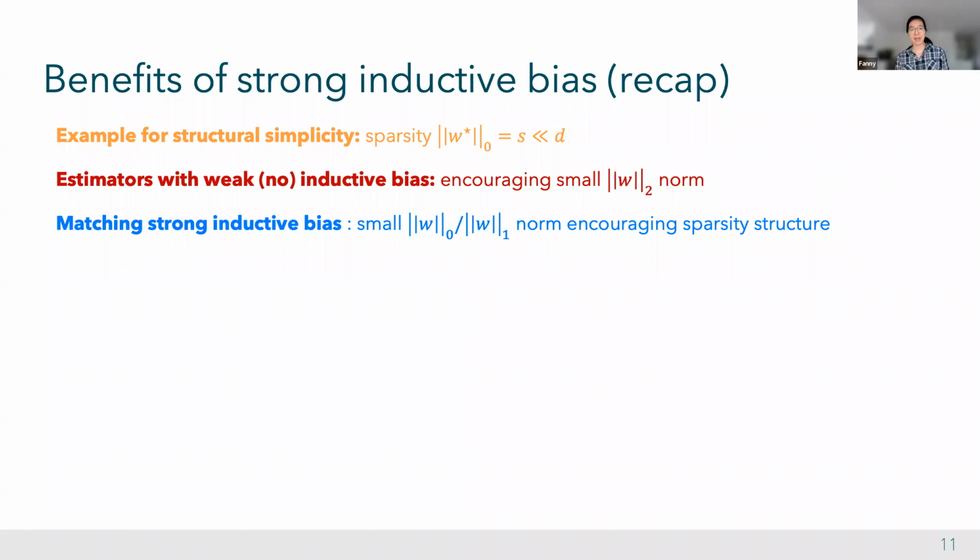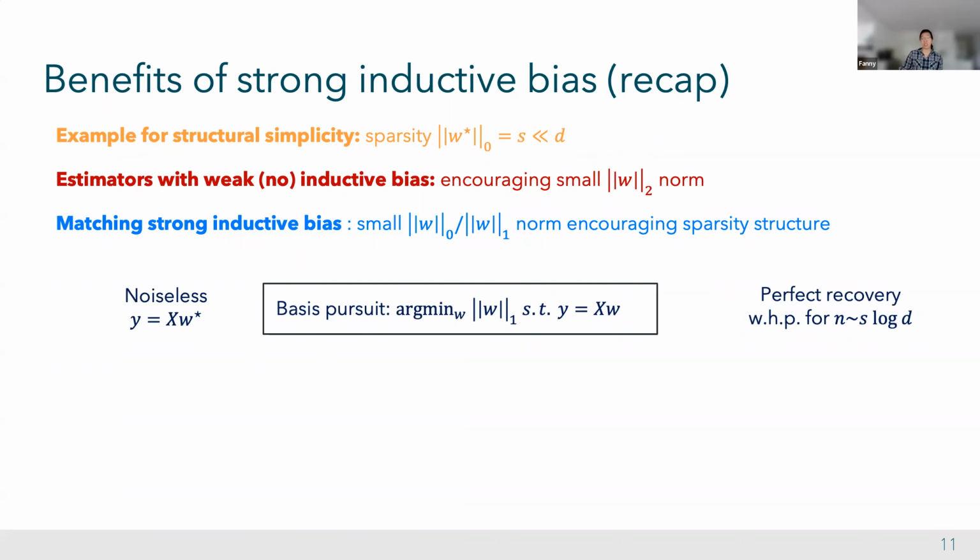Okay, so just to recap, what can we achieve in the setting when we are looking at minimum L1 norm interpolators and lasso? So in the noiseless case, what people have shown is that minimum L1 norm interpolation, also called basis pursuit, can achieve perfect recovery with high probability if we have the number of samples roughly proportional to the sparsity times log d.